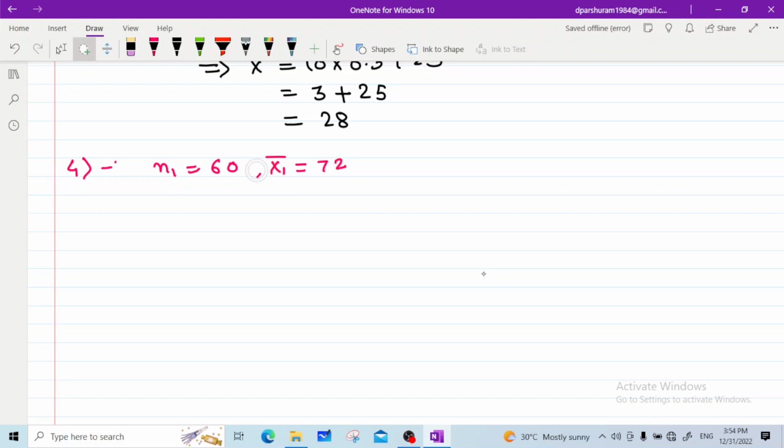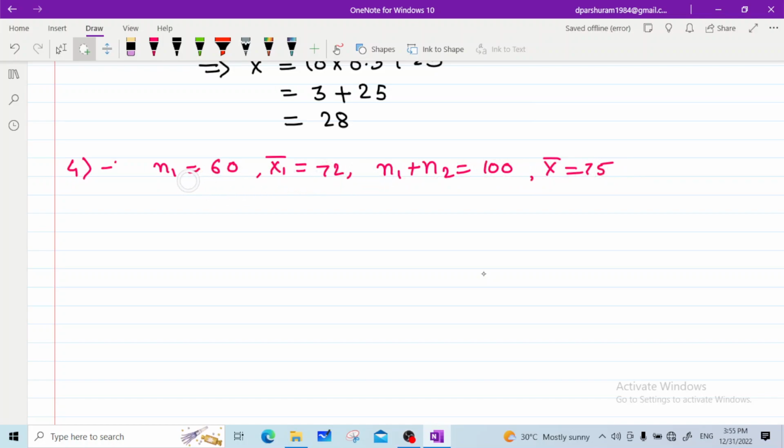Then in the question it is given that there are 100 students, that is, n1 plus n2 is equal to 100 and their mean is 75, that is, x bar is equal to 75.